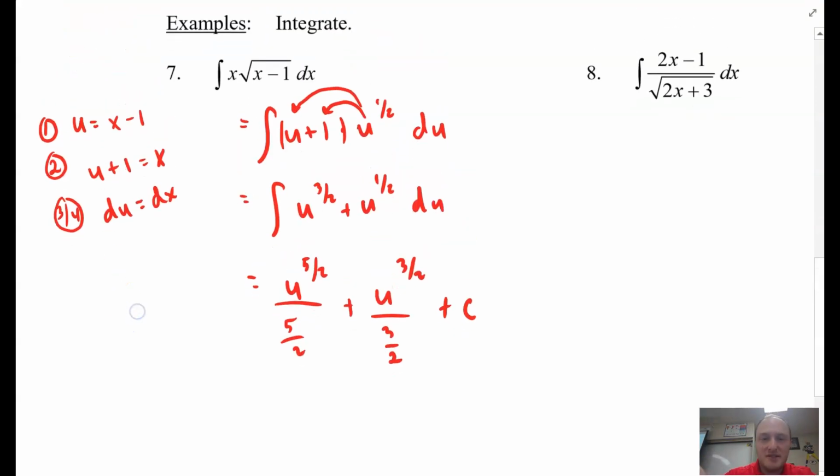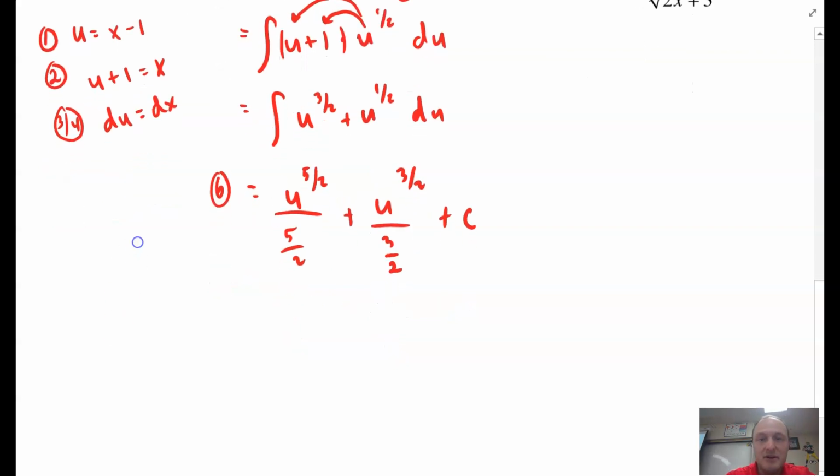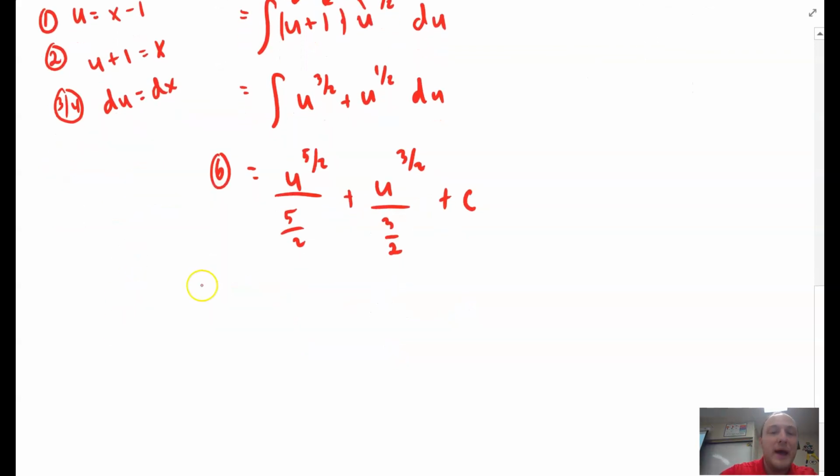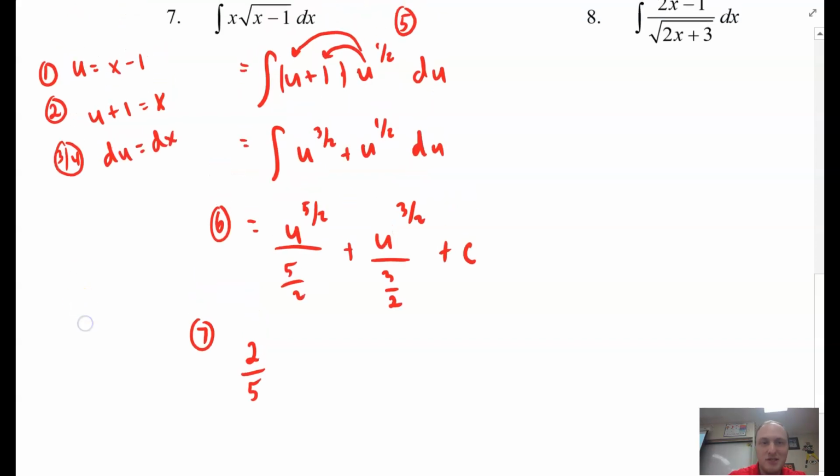So here's step 5, substitute, and then right here, step 6, we integrated. And then step 7, you want to substitute back. So I'm going to now get out of the u's. I have 2/5 times u to the power of 5/2. So what is u? u is x minus 1.